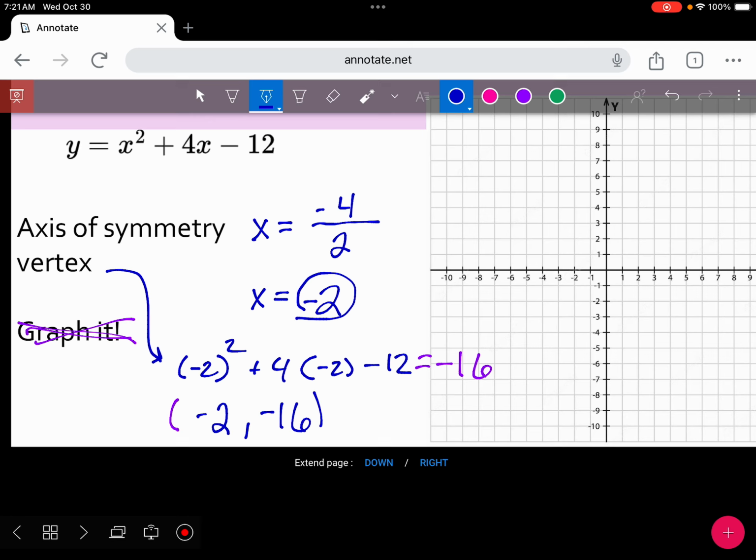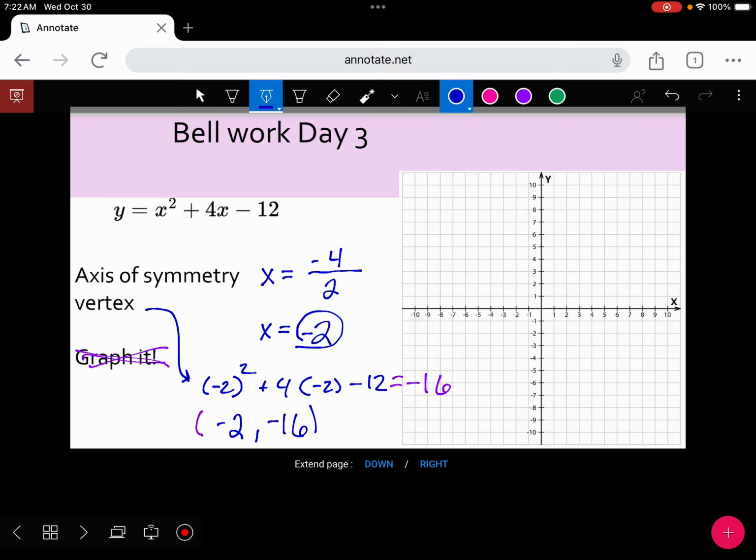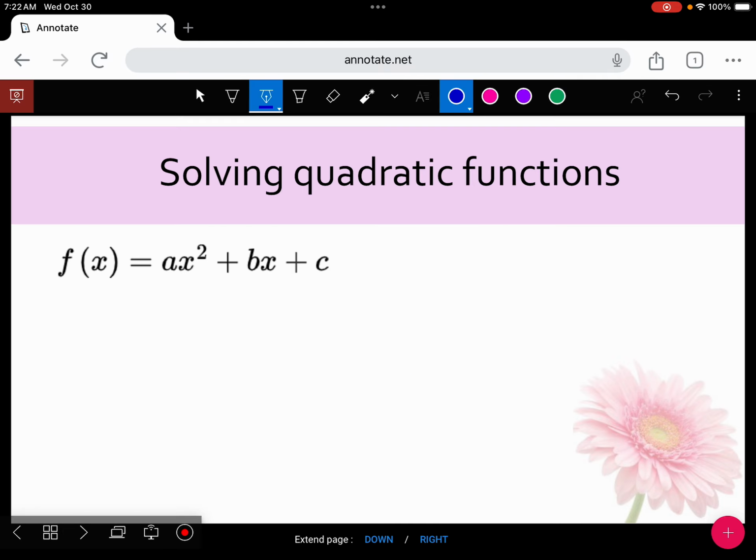We'd have to get out to things like positive 2 and negative 6 to be able to actually get it on the graph. So we go pretty far away from our points. I will probably change that for the next test.